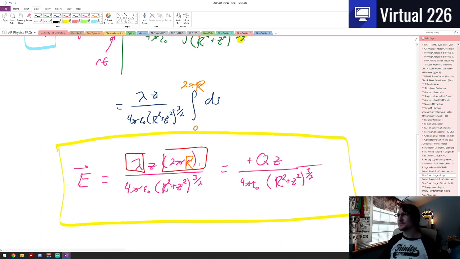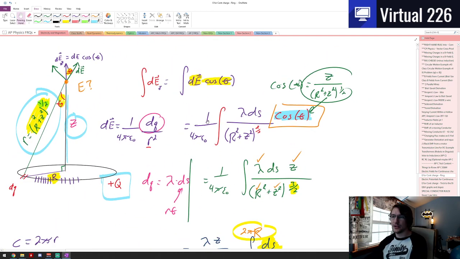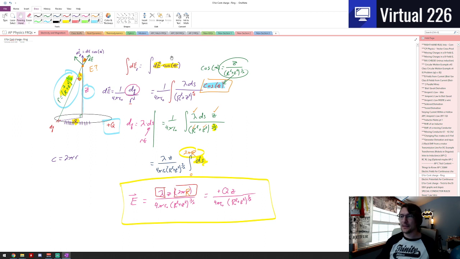And we really didn't need any true calculus to get that. We literally said, what is the circumference of a circle? It's 2 pi big R. And the rest was just clever geometry and understanding your algebra. So we're really just, once again, adding up pieces of an electric field. We're adding only the cosine terms of them up because everything else is going to cancel out due to symmetry of the ring.